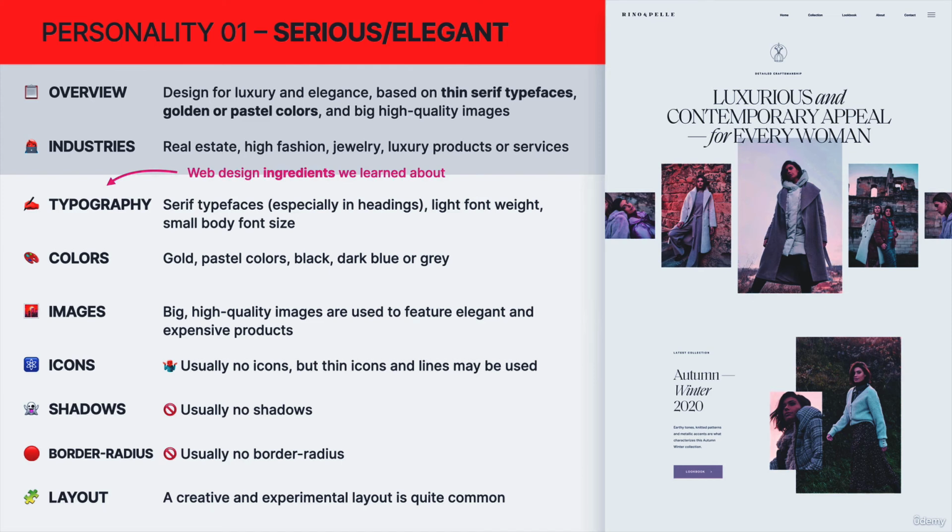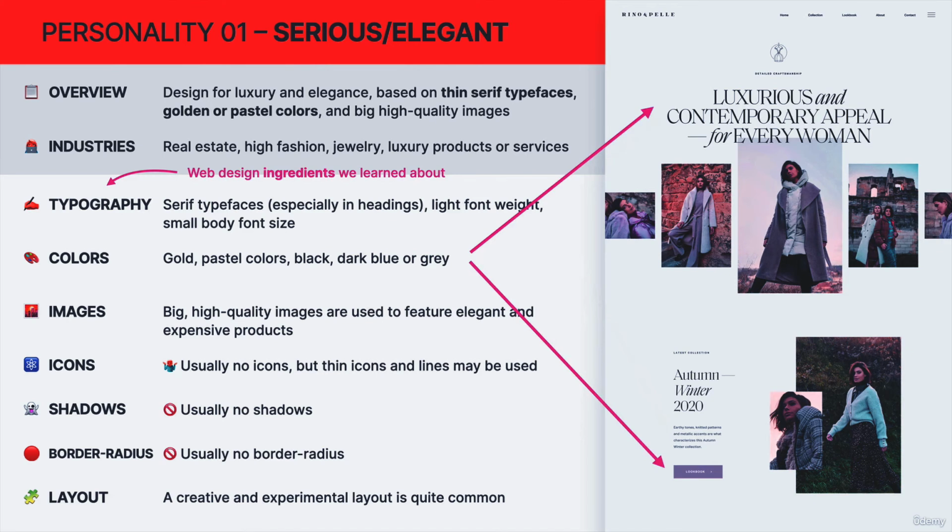Again, for each of these personalities, we now have different personality traits in each of these ingredients. So the serious personality uses serif typefaces, and especially in headings, a light font weight, and usually a small body font size is also quite common. Common colors include gold, pastel colors like in this example, or black, or dark blue, or gray. So basically colors that invoke some kind of luxury or high quality products.